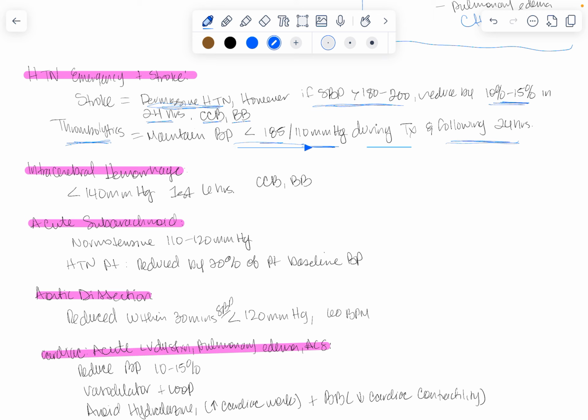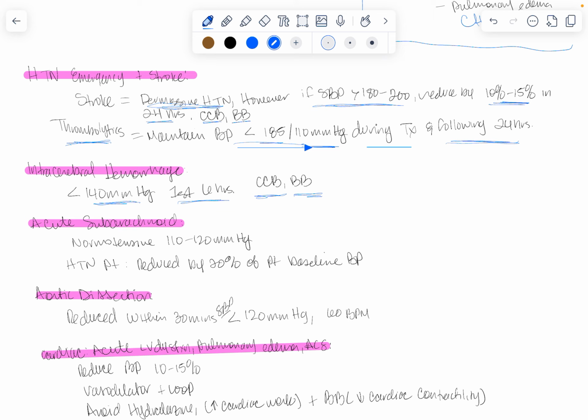All right, let's talk about intracerebral hemorrhage. So now they have bleeding, basically, right? What you want to do is maintain systolic blood pressure less than 140 in the first 6 hours. And by doing that, you would use a calcium channel blocker and a beta blocker. Okay, next is, bleed again, acute subarachnoid hemorrhage.